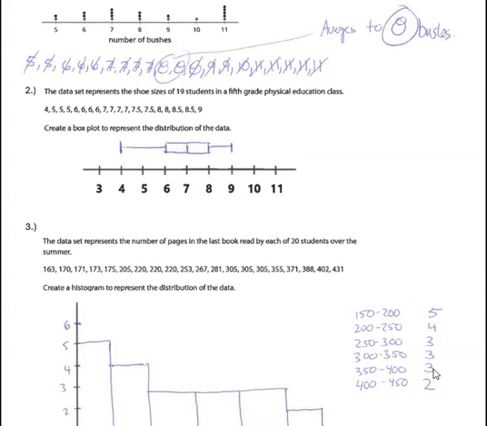The median of the bottom half was 6. The median of the top half, and those are your quartiles, was 8. And I was able to make my box and whiskers plot, also known as a box plot. That shows your lowest number, your highest number, your median, the median of your bottom half, and your top half, and it shows that everything is clumped together a little bit more in the 50% that's higher than 7 versus the 50% that's lower than 7.